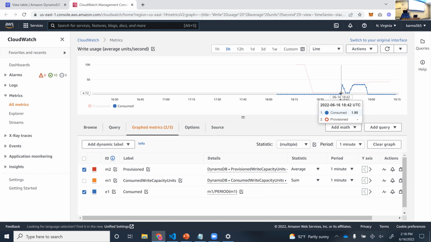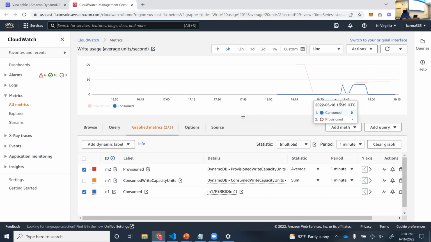So you can burst into that capacity, and it will allow you. Again, you cannot have it within 2 milliseconds. It will spread it out, but you can have that even above your capacity.